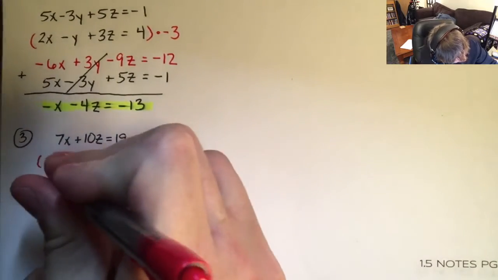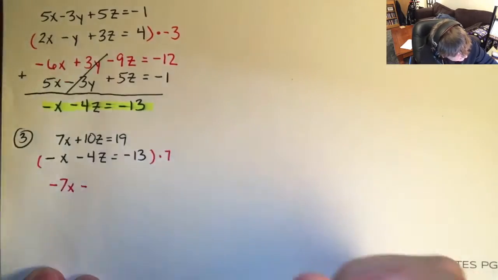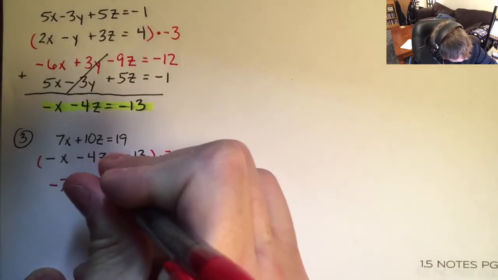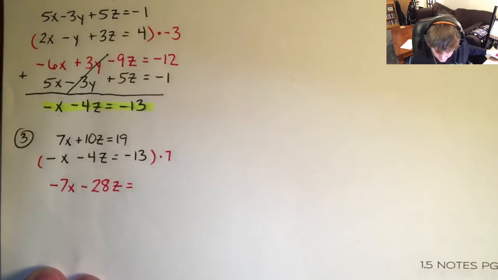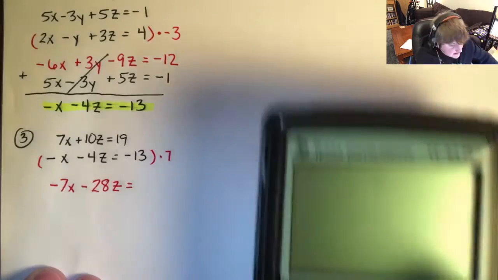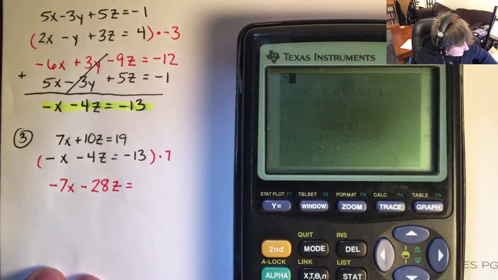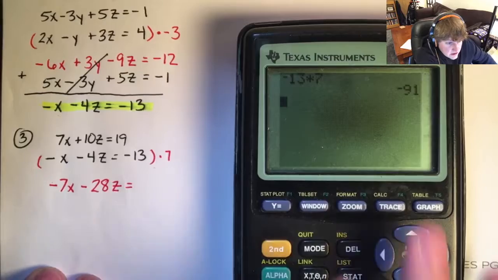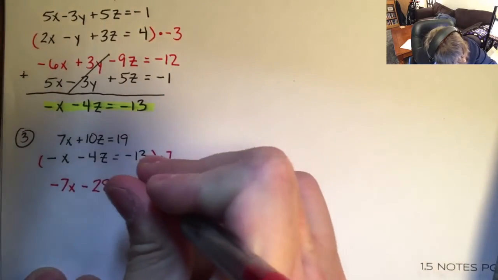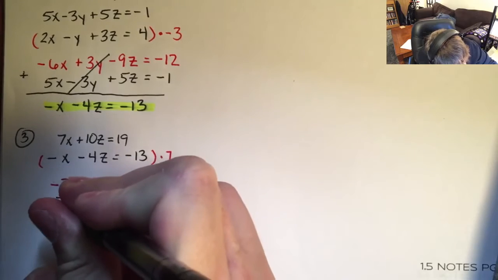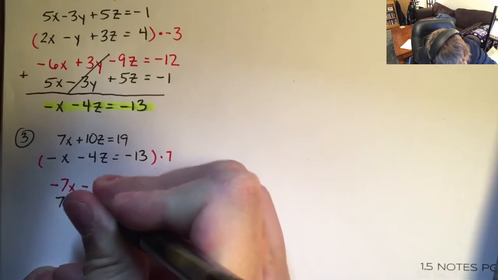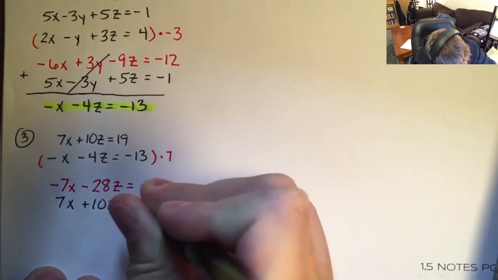So this is negative 7x minus 28z is equal to, and I don't really know what negative 13 times 7 is, so negative 91. Okay, and then 7x plus 10z is equal to 19.